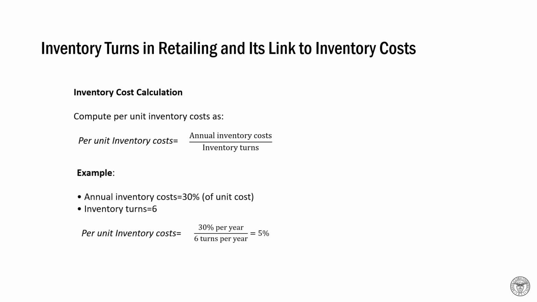For instance, if the annual inventory costs are 30% of the unit cost, and the inventory turns in a year are 6, then the per unit inventory costs will be 30% per year divided by 6 turns per year, resulting in 5%. This essentially means that for each unit of inventory, the cost is 5% of its value per turn.